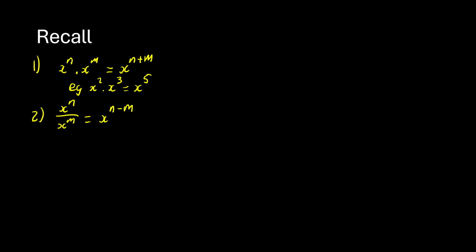Another one, and this is the one we use the most in this video, states that if you have values inside of a bracket and you raise that to an exponent, then to simplify this, you multiply this exponent into all the exponents inside of the bracket. So this is the same as x to the power of n times m, y to the power of n times m.